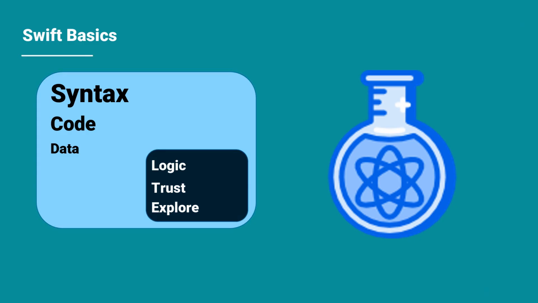It empowers you to implement logic, process data, and effectively manage program flow. On this adventure, you're not just learning syntax, you're immersing yourself in the very language of programming. Remember, whether you're building a simple app or a complex software system, mastering these basic building blocks in Swift will really help you navigate the vast ocean of coding with a lot more confidence.